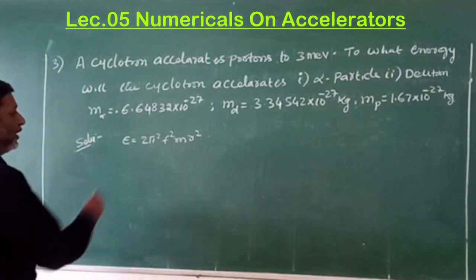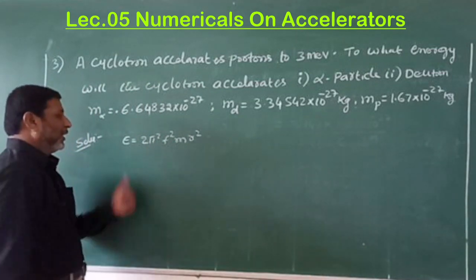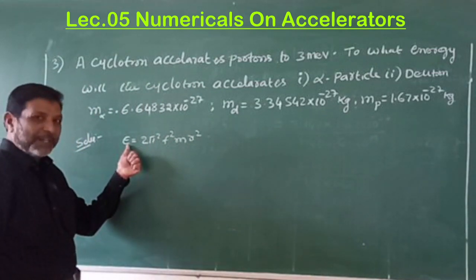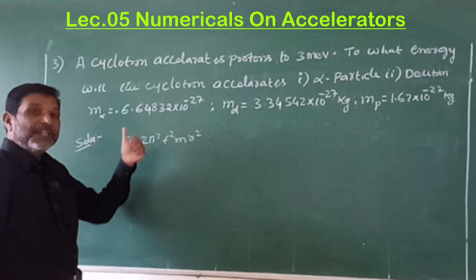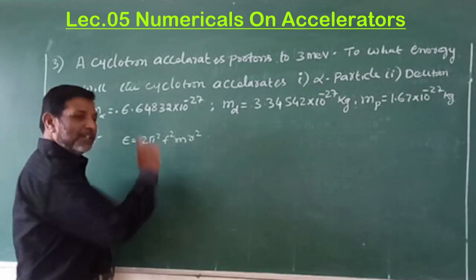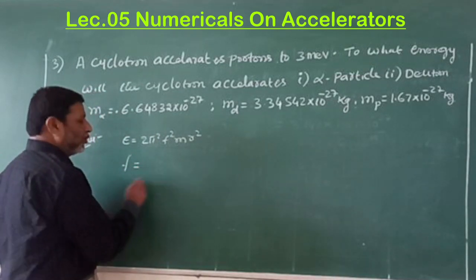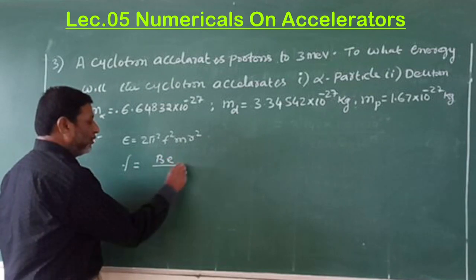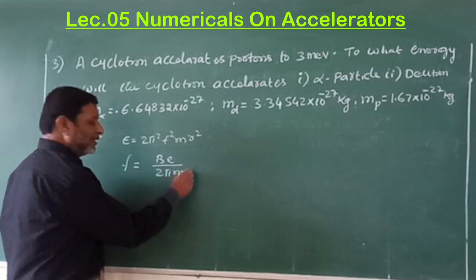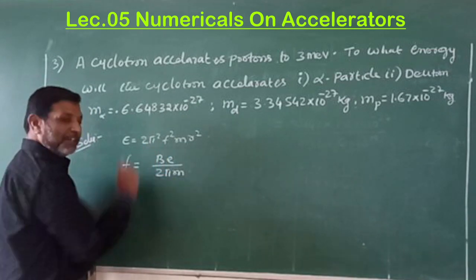You know that in the derivation we have calculated the energy acquired by a charged particle, that is, to what energy a charged particle is accelerated, and that energy can be calculated by this equation. And the next is the frequency f, which is equal to BE divided by 2 pi M. Now substitute f equal to this much in this equation.